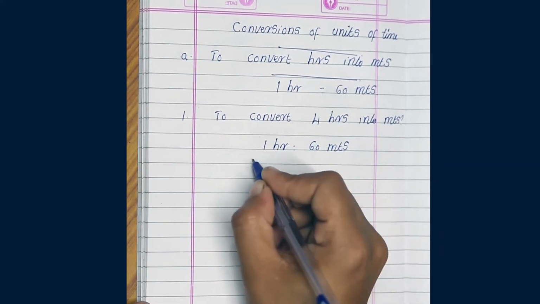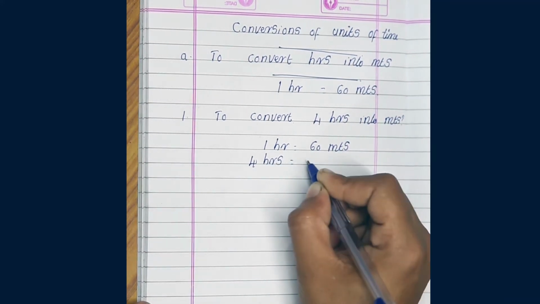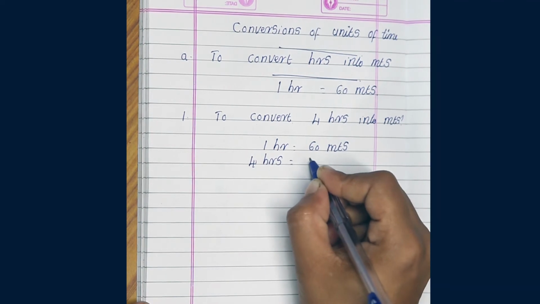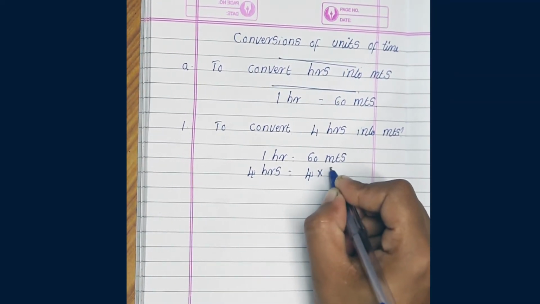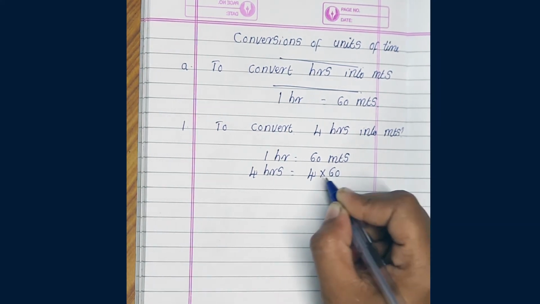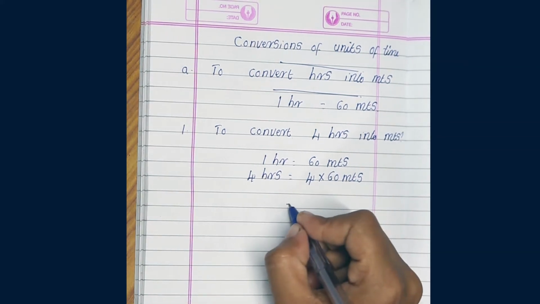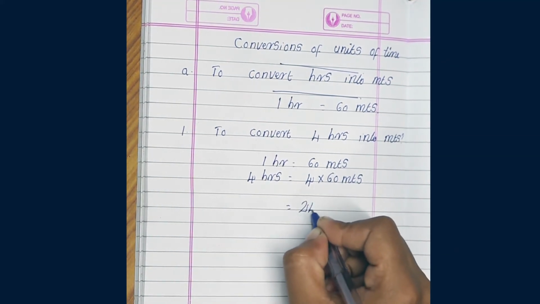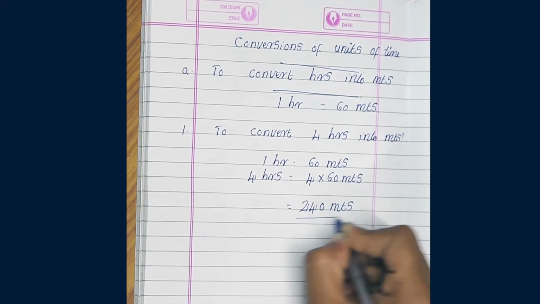Our question is 4 hours. That means we multiply the given number of hours by 60. So 4 multiplied by 60 minutes. 4 6s are 24. Then put 1 zero. So it is 240 minutes.